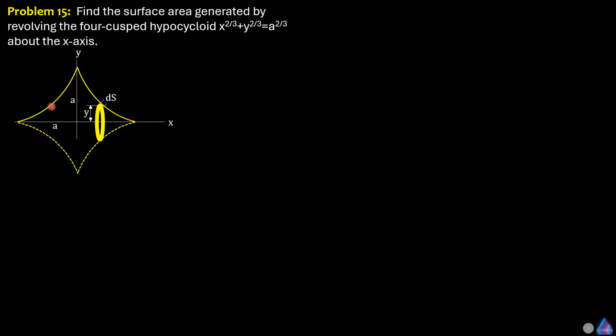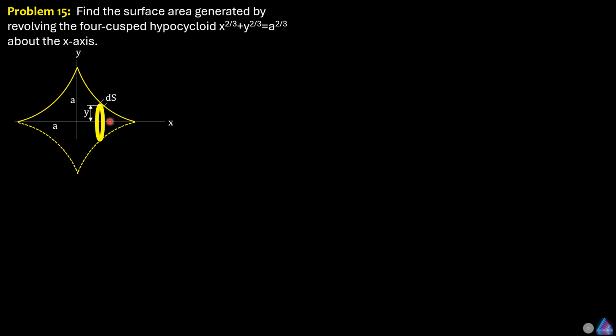We only consider the upper half, particularly this first quadrant graph, and revolve it about the x-axis. Then we multiply the surface area generated by 2 because of the other half at the left.